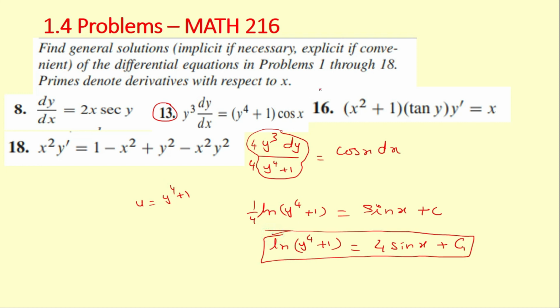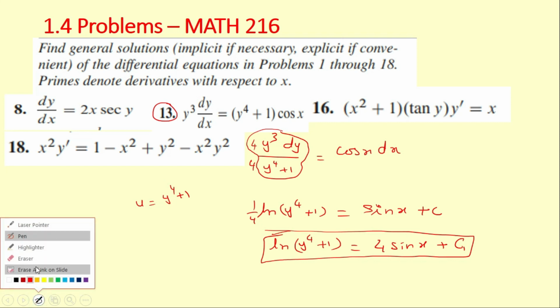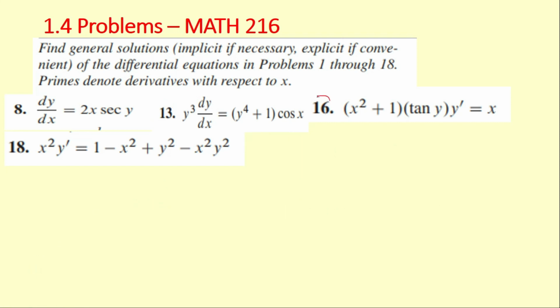Okay, now I'm going to question number 16. Again, the variable separable method gives us tan y y prime, where y prime is dy over dx, and all the x on the other side, x over x squared plus 1.